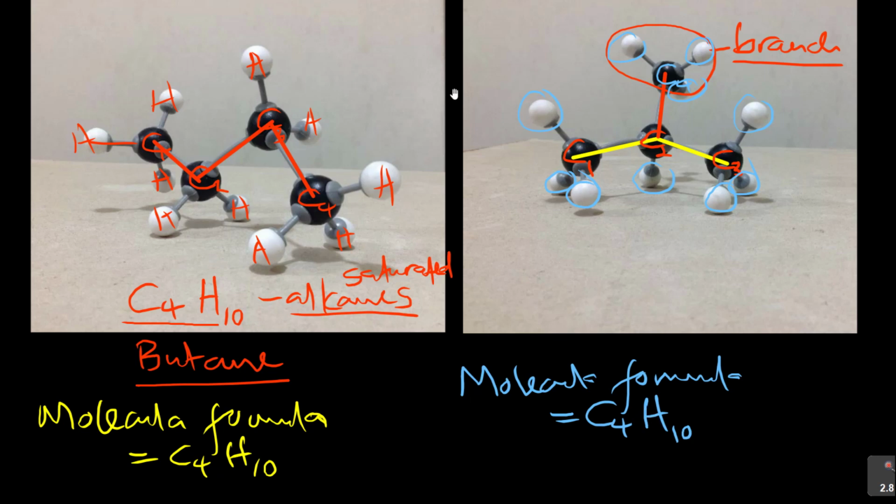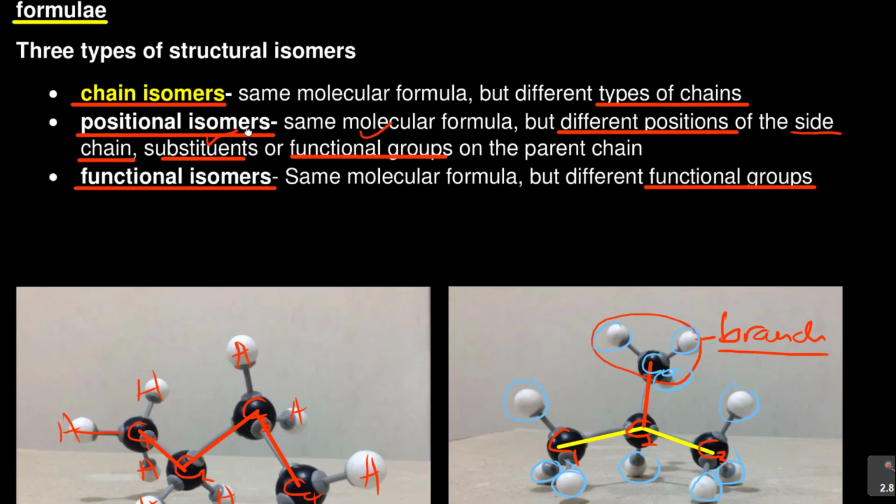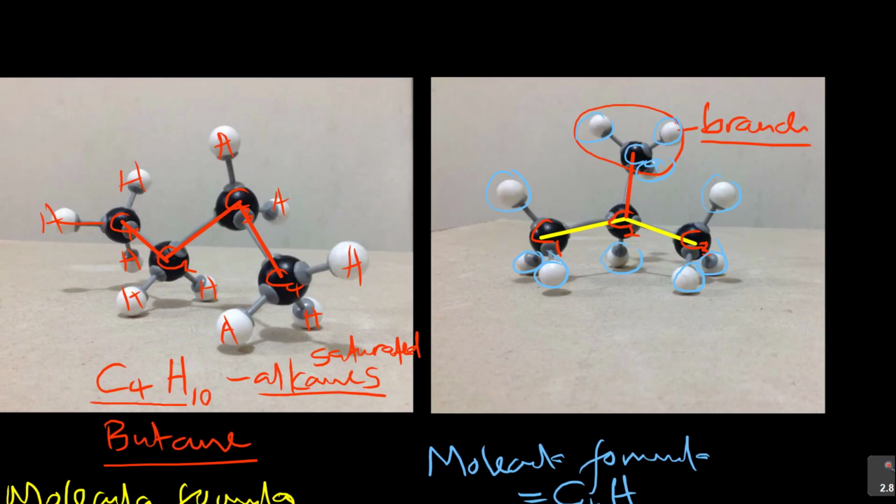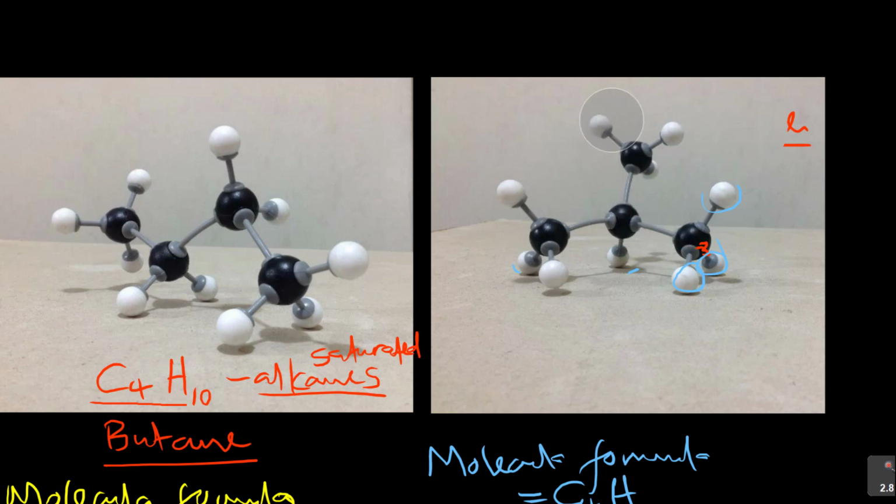Back to this isomer, it is a what? An organic molecule with the same molecular formula. But now, when we look at the structure of these molecules, if I can just expose it back again, look at the structure of these molecules. They are not the same.